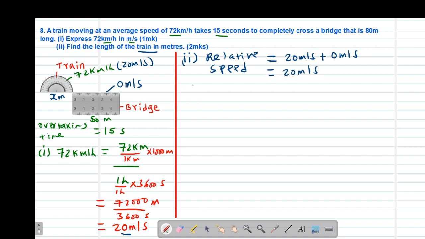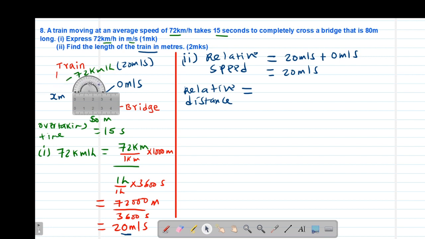Then you also need to have the relative distance. The relative distance will be equal to the summation of the length of the two bodies, because overtaking means that this train will first move up to this point.